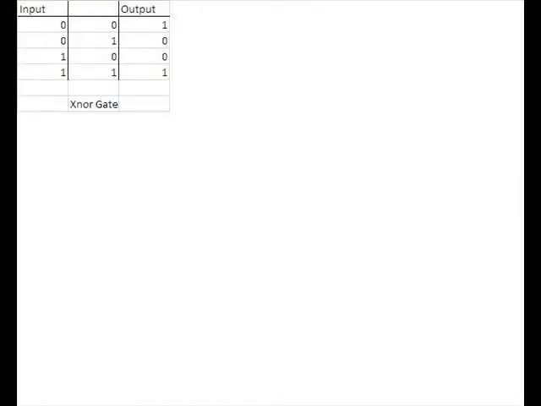So the exclusive NOR gate has the exact same inputs as the exclusive OR gate, just the exact opposite output. Therefore, it will only give a positive output if it has either both zeros as the input or both positives as the input. Any other combination of any positive in will render a 0 or negative output.